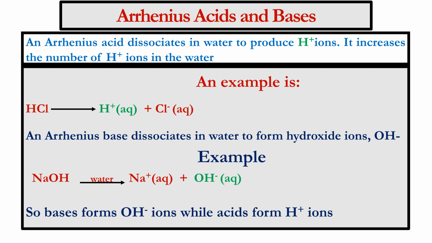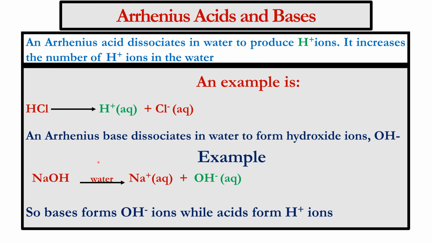An example is HCl. So when it dissociates in water, it will form this hydrogen ion. So this HCl is an example of Arrhenius acid.